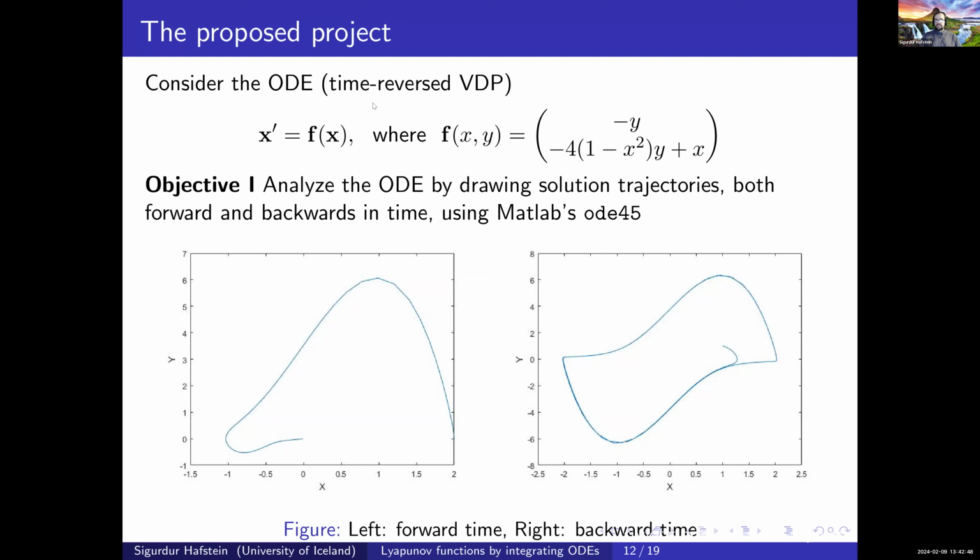Because this is the time-reversed van der Pol oscillator, we have a stable equilibrium at the origin. So if we start somewhere, we will end up there. And if we start inside of this area here, and go backwards in time, we should end up at the periodic orbit.